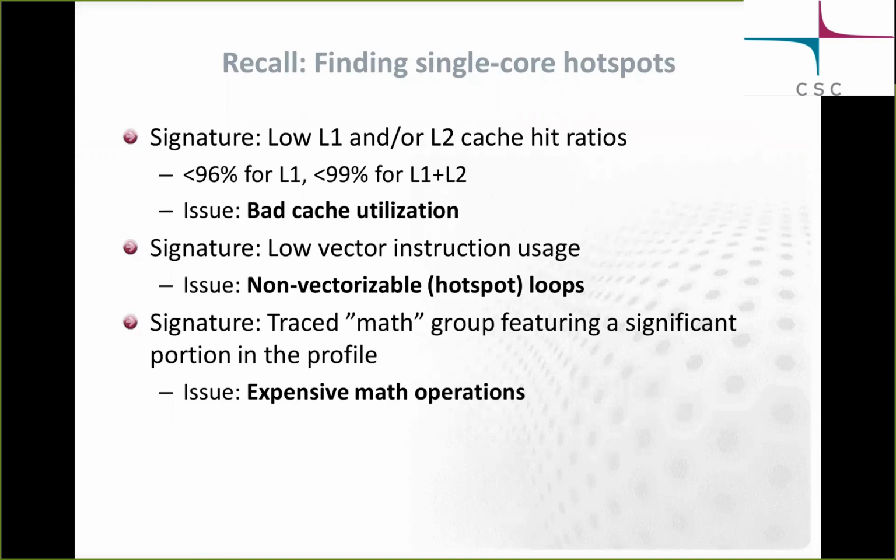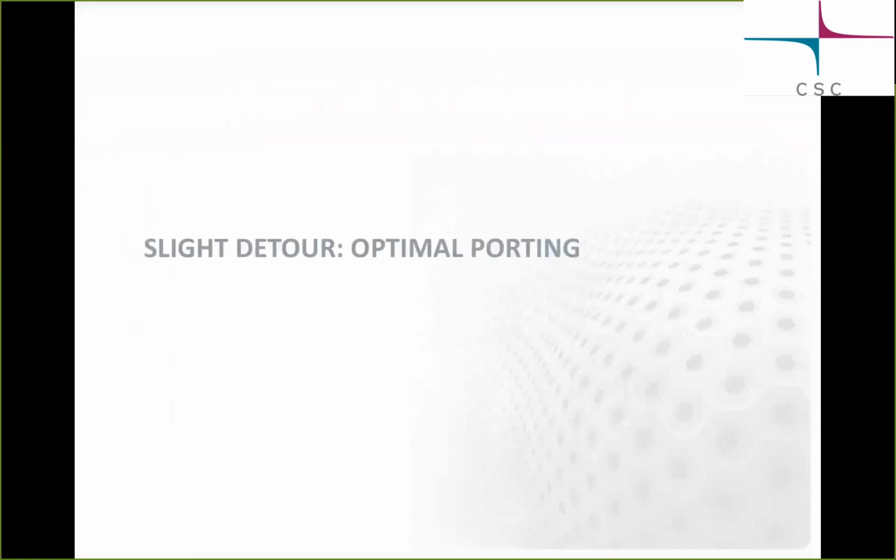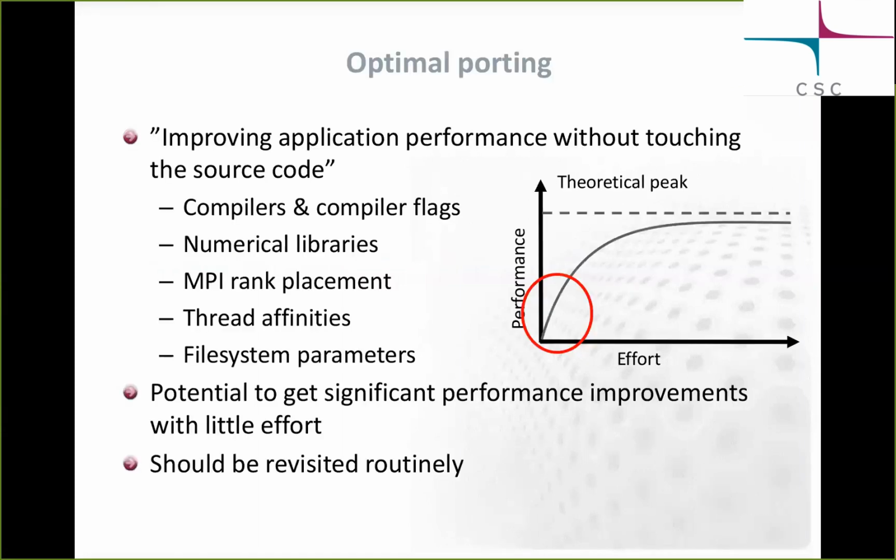But before going there, where I modify a code for better performance, let's take a slight detour on something I call optimal porting. This is something that concerns pretty much everybody using high performance computing systems, because this is about improving application performance without touching the source code at all.